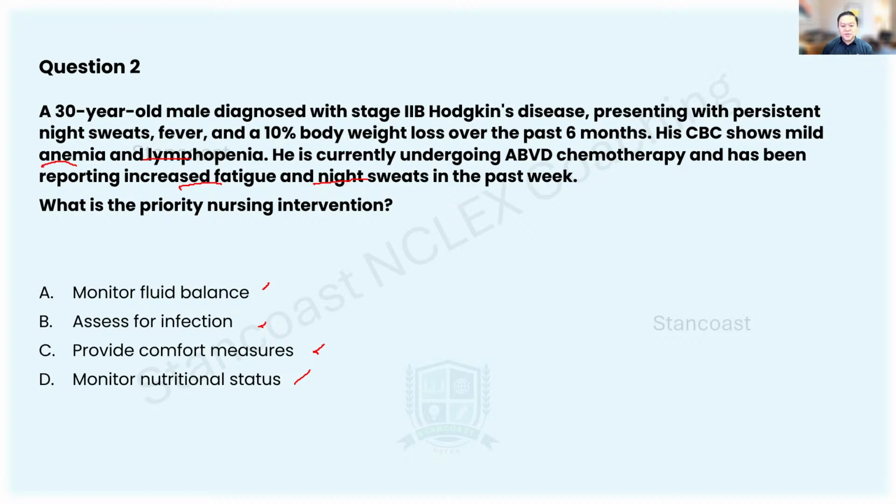So what do you think about this patient's condition? And there's more manifestation: night sweats, fever, 10% body weight loss over the past 6 months. What would be your priority nursing intervention?